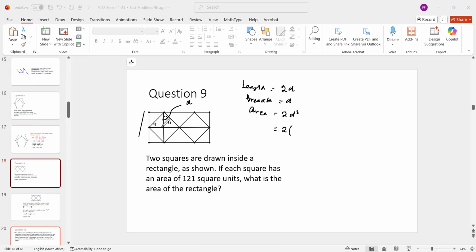So you've got the sides are 11 and 11. So this is 11 squared plus 11 squared using Pythagoras. And that gives you 121 plus 121 is 242.